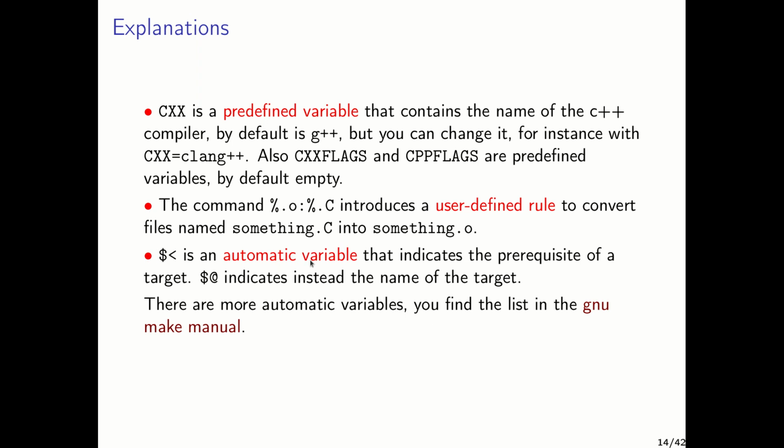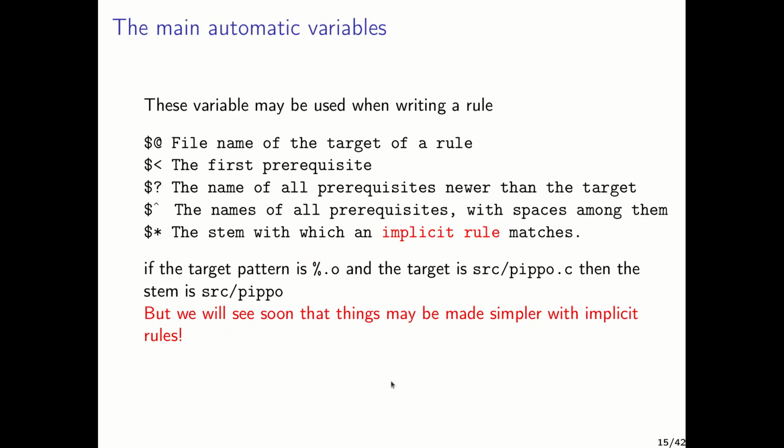This is an automatic variable that indicates the prerequisite of a target, while this other indicates instead the name of the target. So there are a lot of automatic variables. These are the main ones: the file name of the target of a rule, the first prerequisite, the names of all prerequisites newer than the target, the names of all prerequisites with spaces among them, and the stem with which an implicit rule matches.